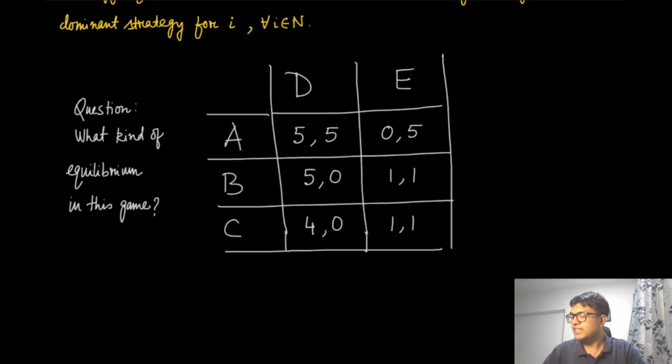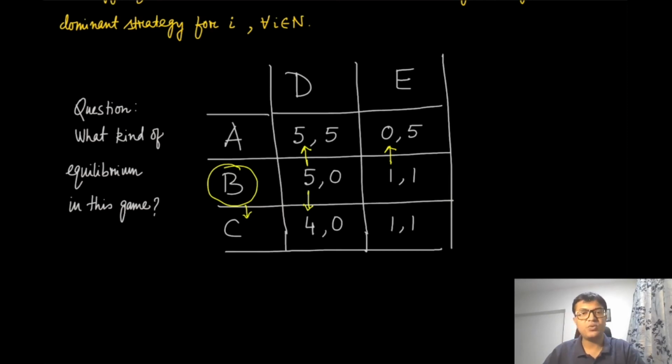So the answer is that if you look at this particular strategy of player 1, B, you can see that it weakly dominates A, because you have this utility which is at least as much as A, and there is also another strategy for the other player where the inequality is strict. So therefore B weakly dominates A.